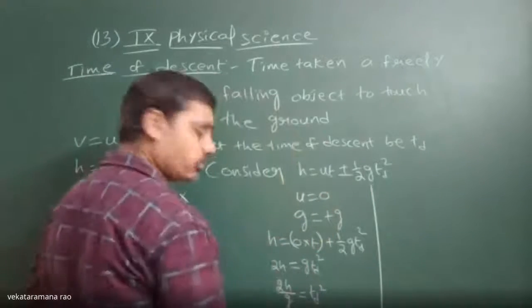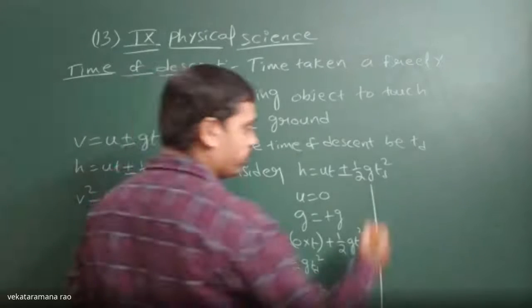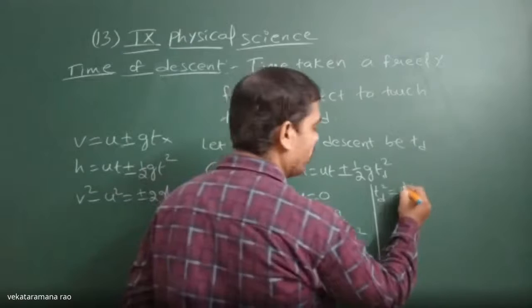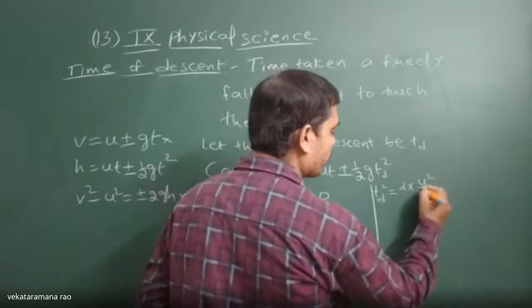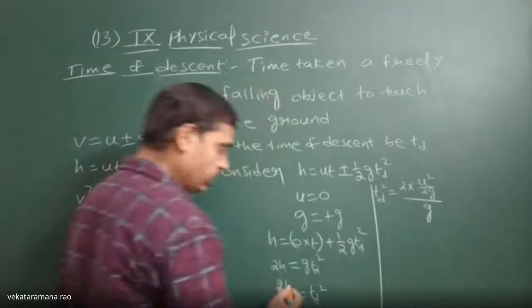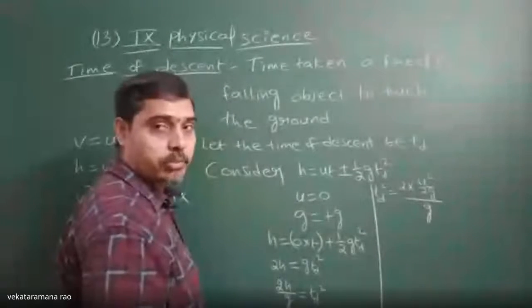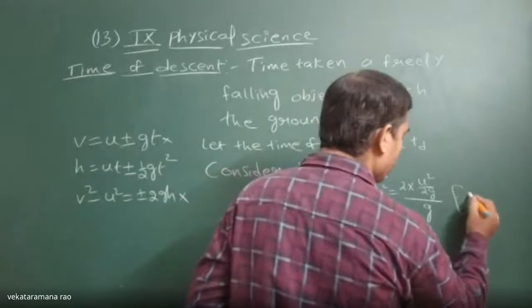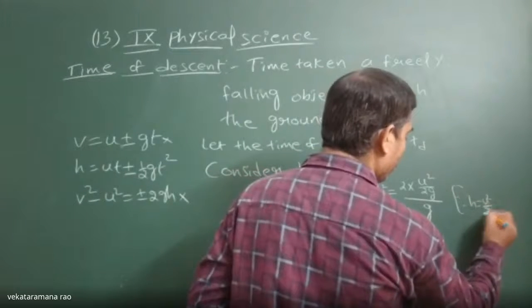Now Td square is equal to, now substitute the h formula. What is the h formula? In the place of h we are substituting the h max formula, h is equal to u square by 2g.